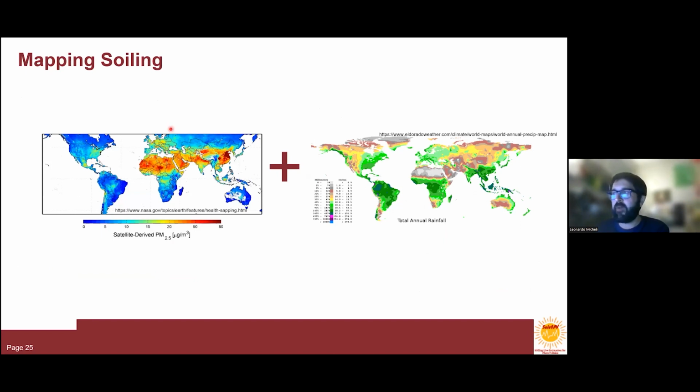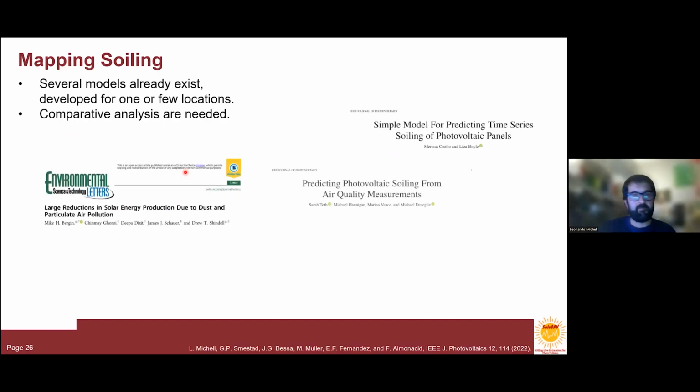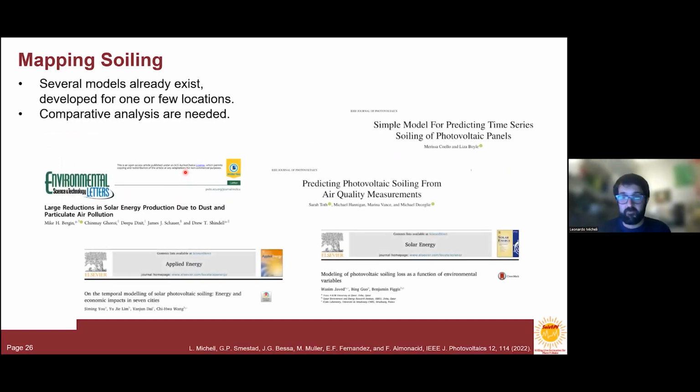There are maps telling us how particulate matter is distributed over the globe, and we know how much it rains in several locations worldwide. This is why there are already several models that make it possible to estimate the soiling losses from parameters such as rainfall and particulate matter.